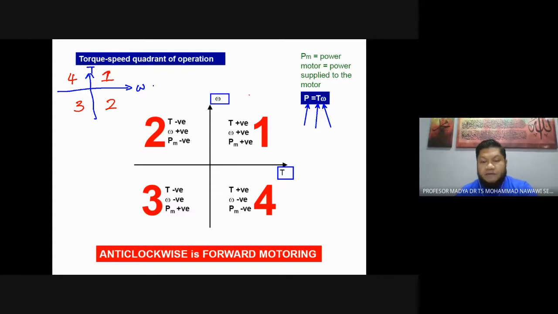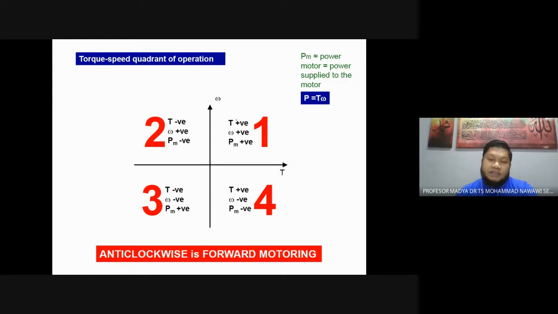In the first quadrant, the torque is positive. Let's say that we rotate in that direction. The torque is in that direction, and the motor also rotates in that direction. Therefore, P equals positive multiplied by positive, so you have a positive power from the motor.